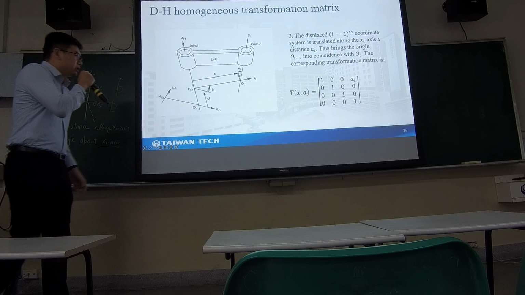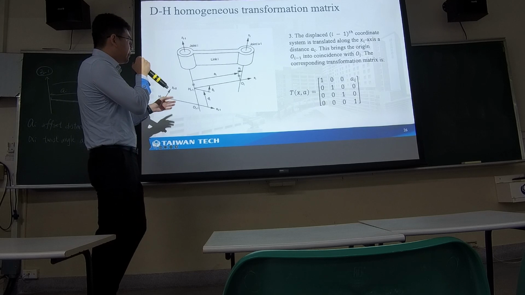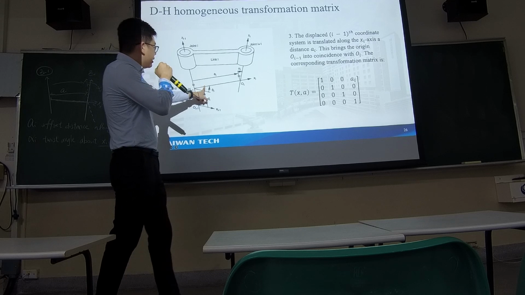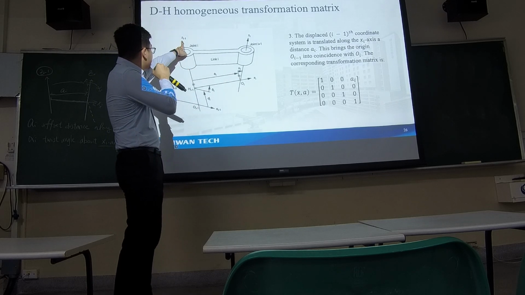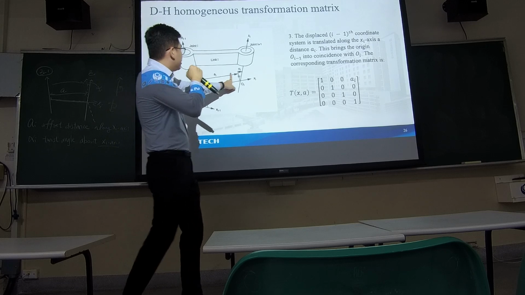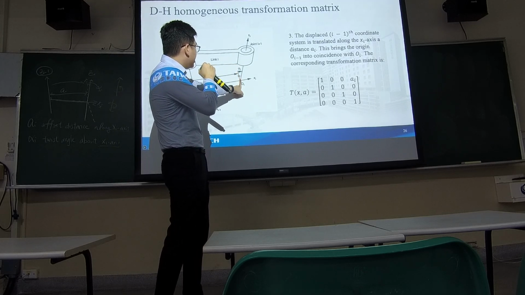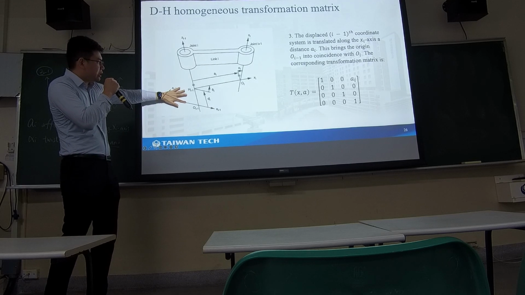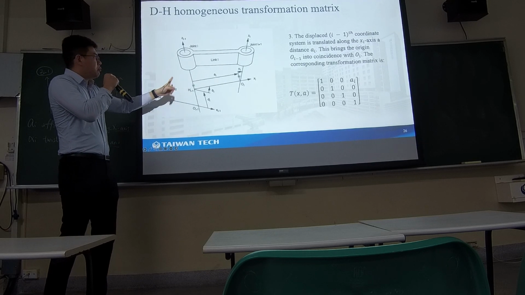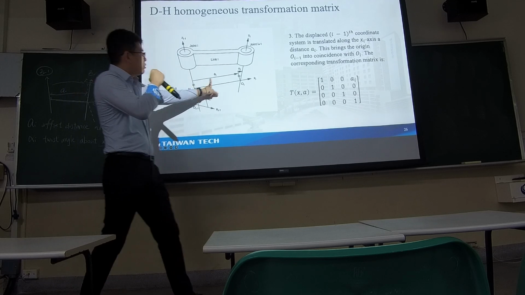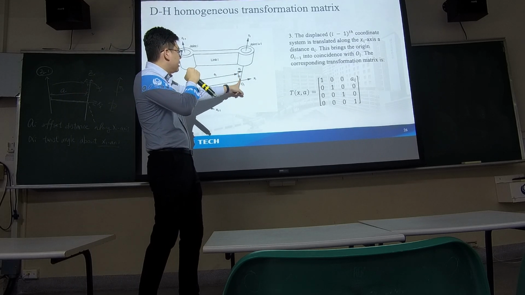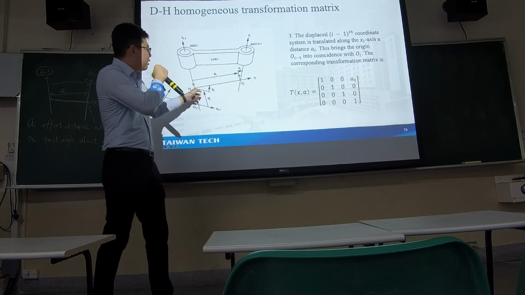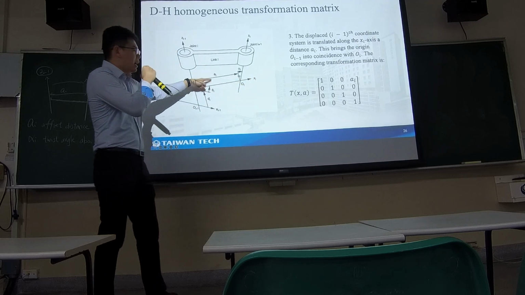And now we come to A. So the definition of A is this one, and we want to move the z i minus 1 axis to this point. So just now in the last one, we moved the x i minus 1 axis to here, and now we move the z i minus 1 axis to the zi. So the translation distance, the offset distance along the xi is ai.